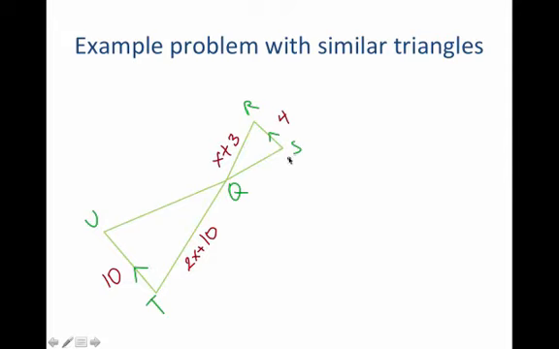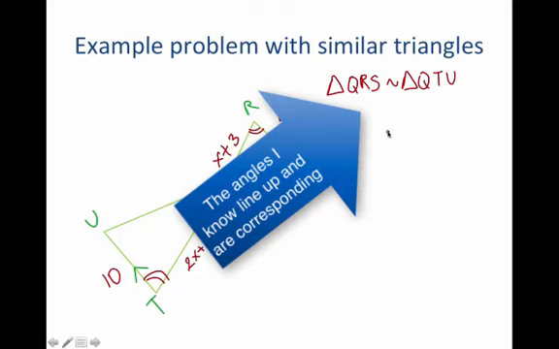So I know that this angle is congruent to this angle, and I know that because these two sides are parallel, that this angle and this angle are congruent. So with the AAA similarity, I know that triangle QRS, order really matters here, is similar to QTU.